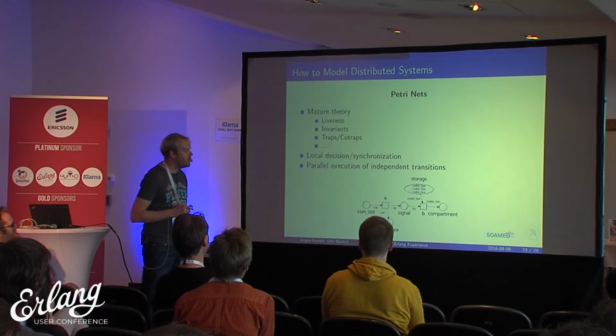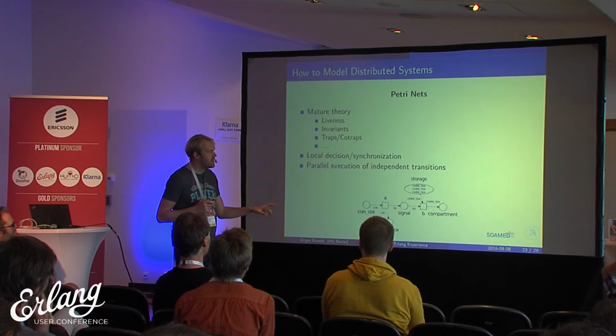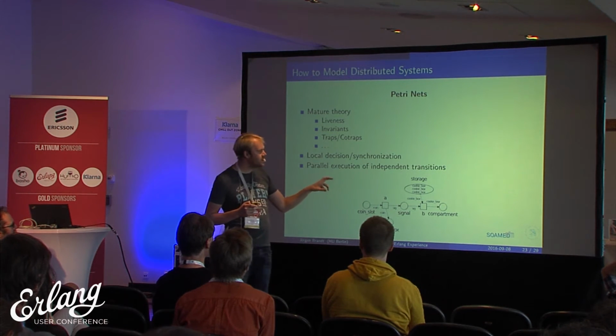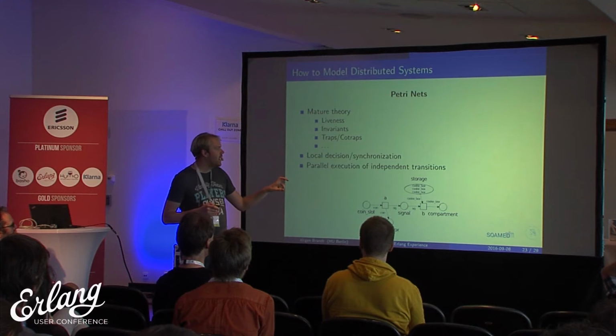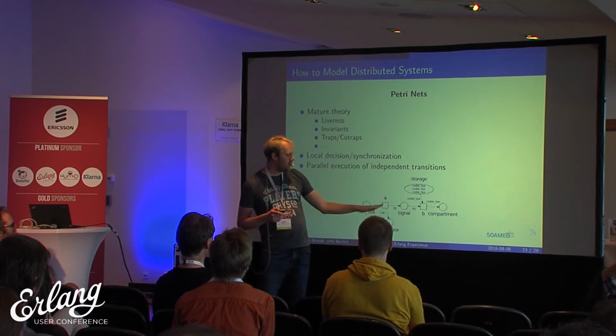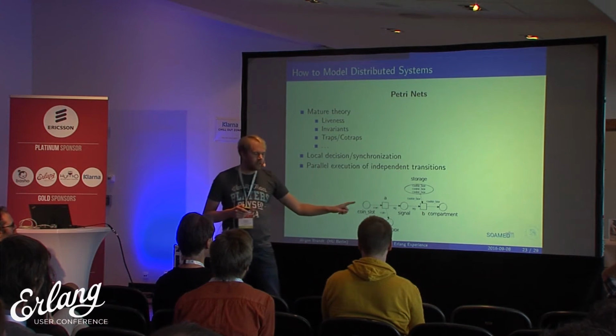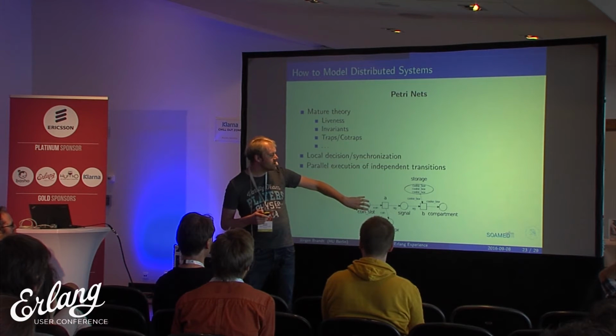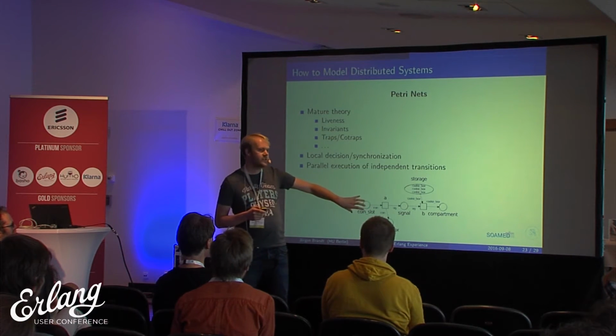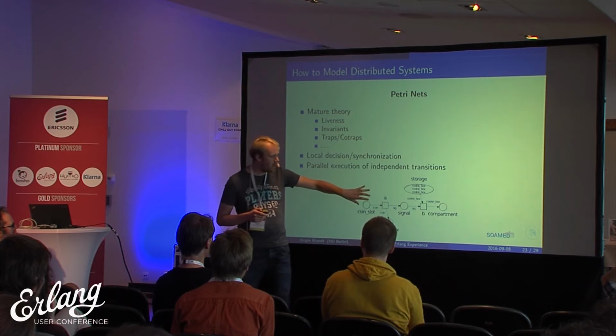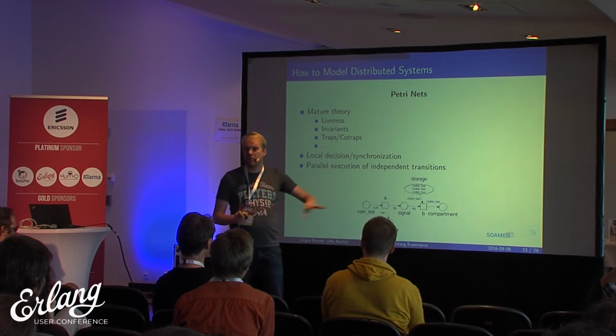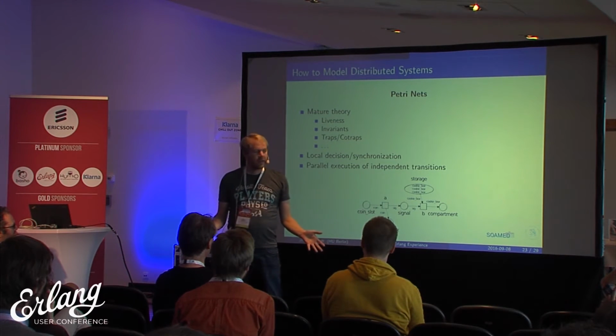And what is also very advantageous is that the decision making and the synchronizations are always very local in the net. So if I look at one transition, I only have to consider the preset of this transition to know whether this transition is enabled or not. I don't have to look at the whole system.